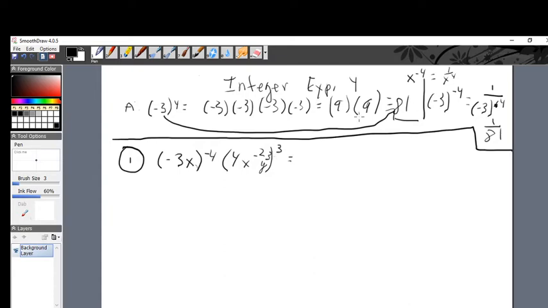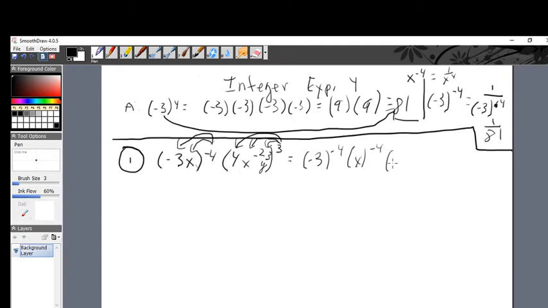Step 1: this negative 4 is going to apply to all members. There are only 2 members inside the parentheses. This positive 3 power is going to apply to all 3 members inside its parentheses. So negative 3 is going to be taken to the negative fourth power. We're breaking it down, right? That's my first move. This x is going to be taken to the negative fourth power.